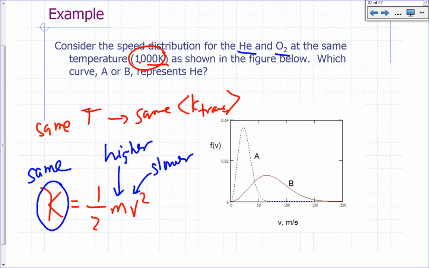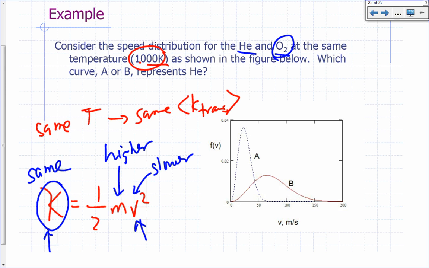So in other words, for an atom of helium and a molecule of oxygen, if they have the same translational kinetic energy, the heavier one will be moving more slowly. So oxygen molecules would move more slowly at the same temperature on average compared to helium atoms.